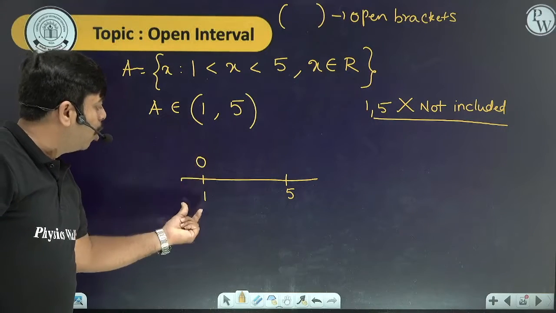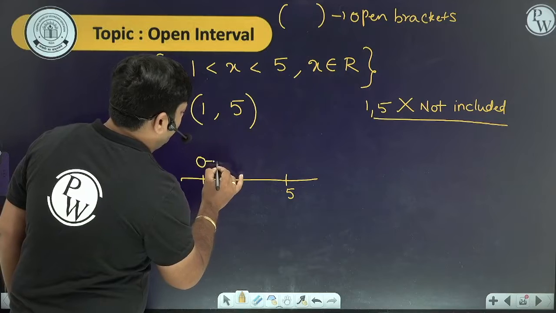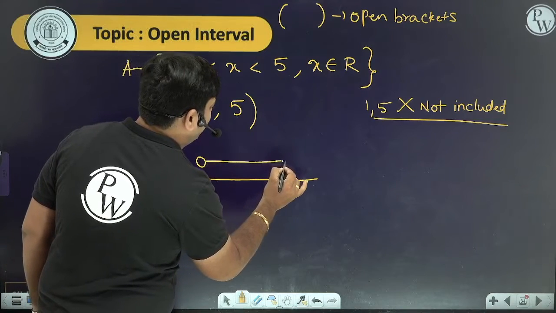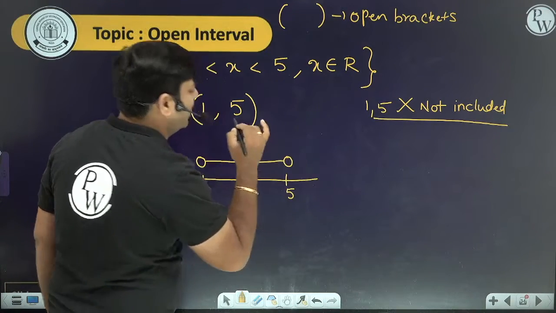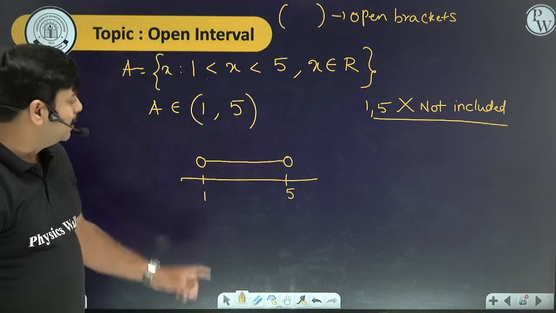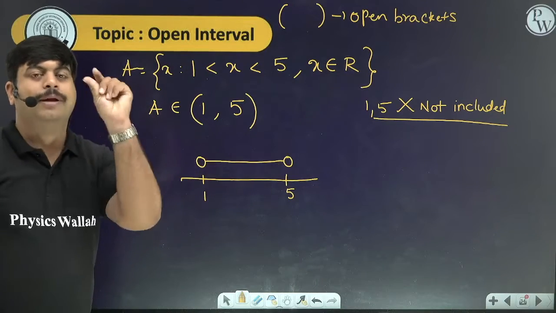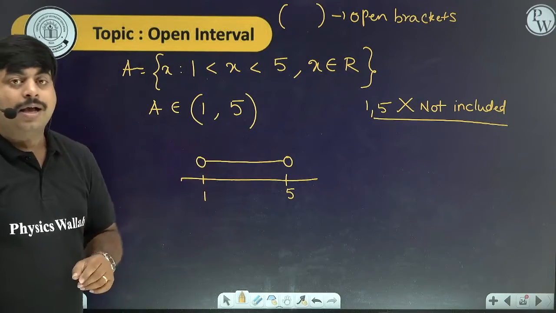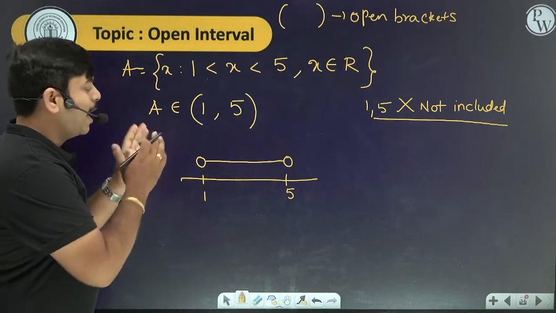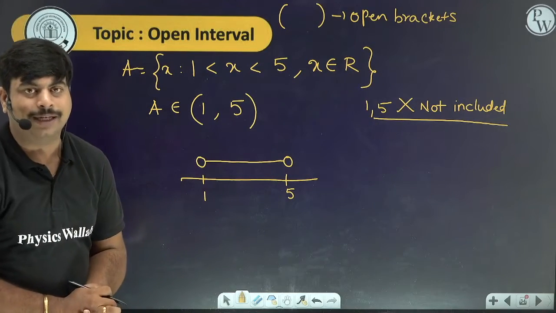Where I'm not including, I will keep a hollow circle, and I start from that point, go till 5, and 5 is again not included. Whenever I'm not including the numbers, I keep hollow circles. So whenever I see hollow circles, I can say that 1 and 5 are not included. Understood, people, what is an open interval?